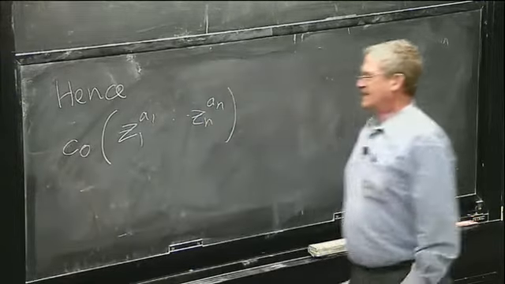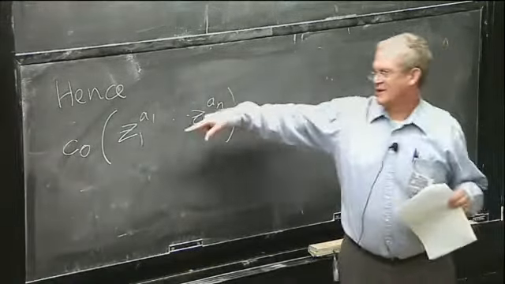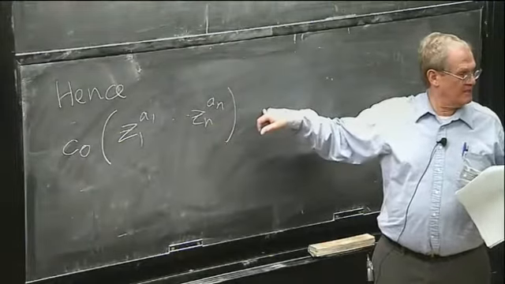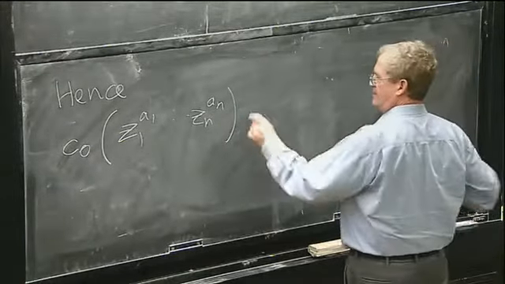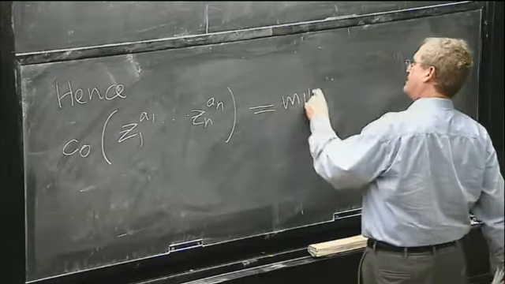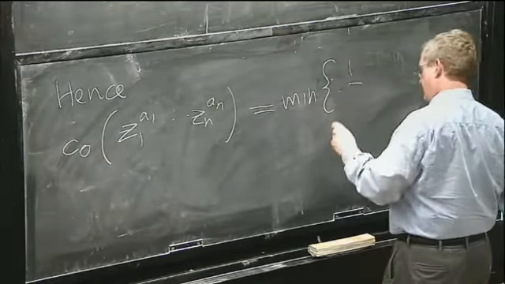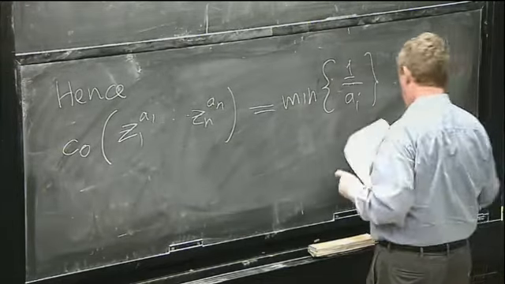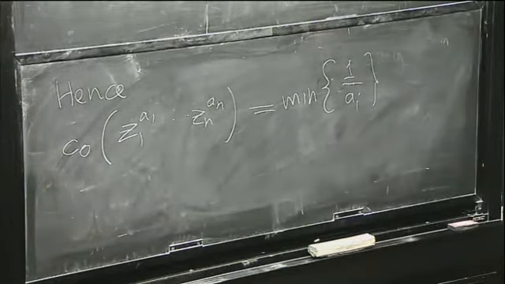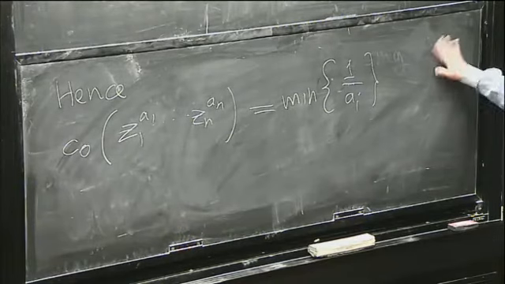And when is this going to be integrable? Well, we're just going to separate variables. Each of the terms has to be locally integrable. If you work this out, you'll see that this is just the minimum of the reciprocals of the a_i's. OK, so this is what happens for a single monomial.